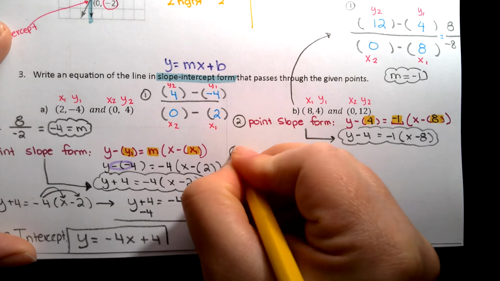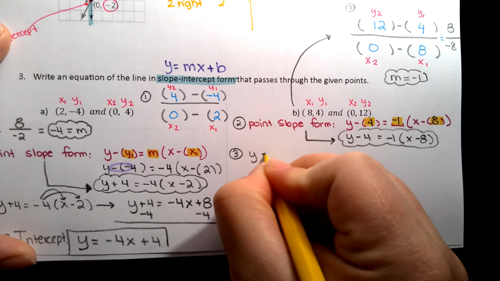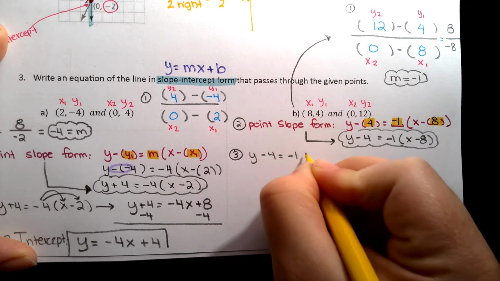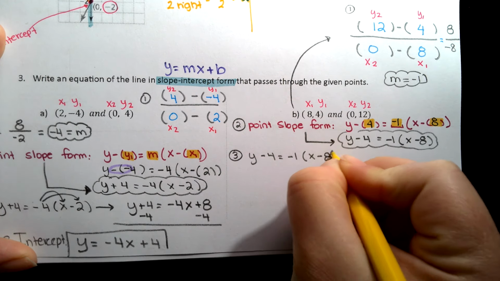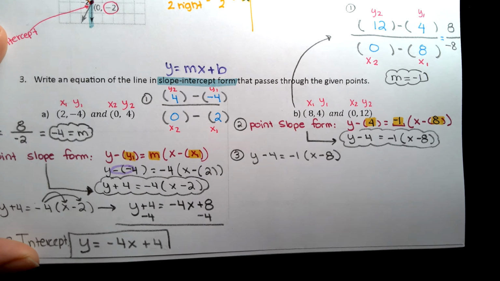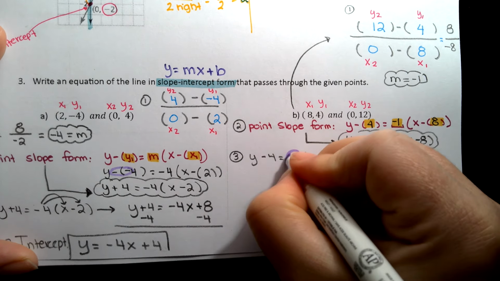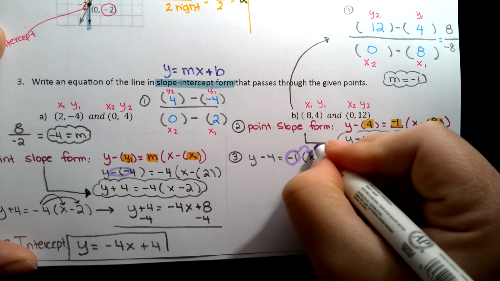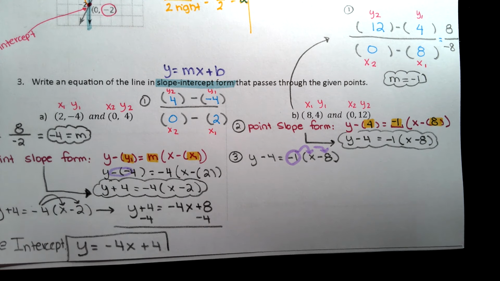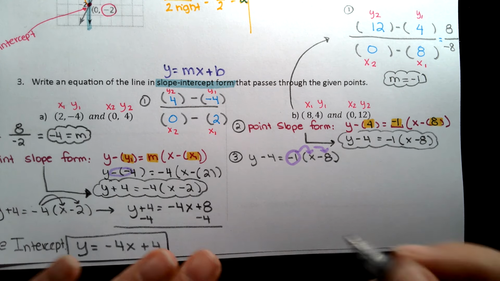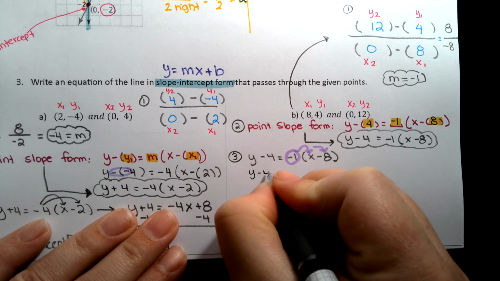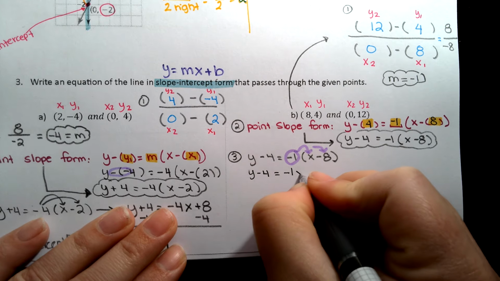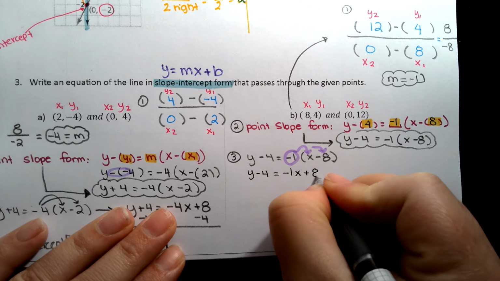So we're going to move on to step number 3, taking our equation that we just got, distributing that -1, so multiplying that -1 onto x and then onto this -8. So we end up having y minus 4 is equal to -1x plus 8.